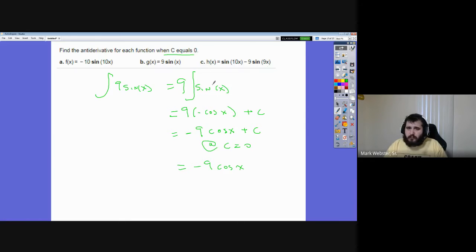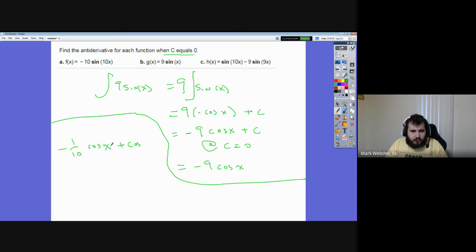Just take the integral of the sine of 10x. So you're going to get minus 1/10 cosine of 10x minus the integral of this thing. Well, two minuses make a plus. Divide by the 9, so it'll be cosine of 9x here, right?